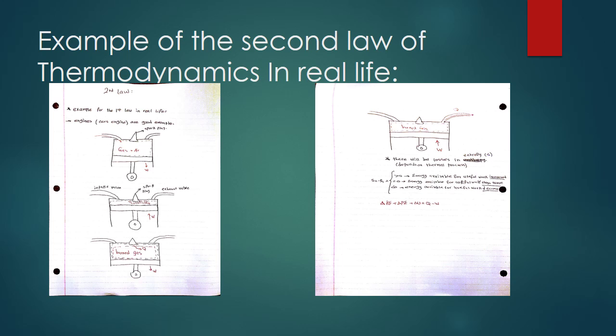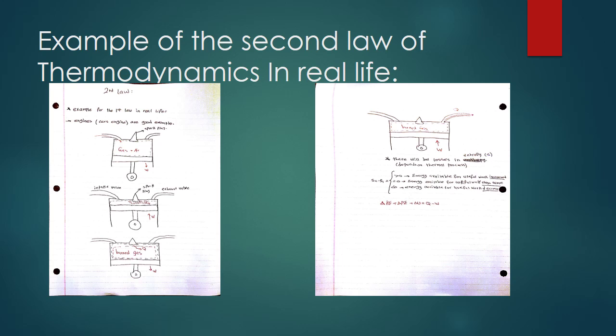It depends on the thermal process, and we have the difference in entropy. If the difference in entropy is bigger than 0, energy available for useful work increases, and if the difference in entropy equals 0, the energy available for useful work will be the same.